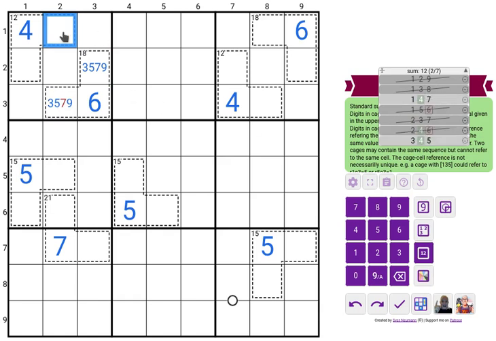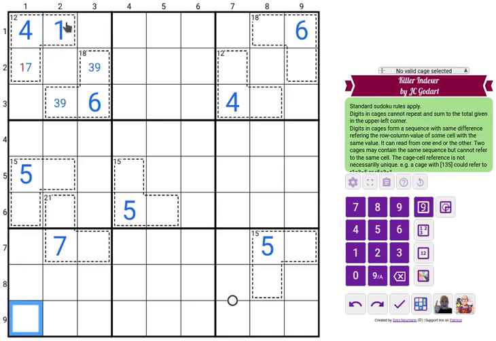It's the 1, 7 or 3, 5. On 7 or 3, 5, which means that this one cannot be 5 nor 7. It would leave nothing for this cage. So this is 3, 9, and now there's no 3, so it can't be 3, 4, 5, but 1, 4, 7. And we know the order here already.